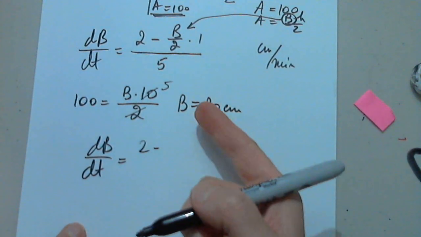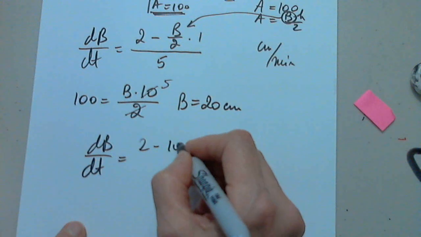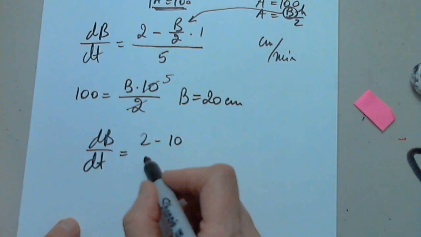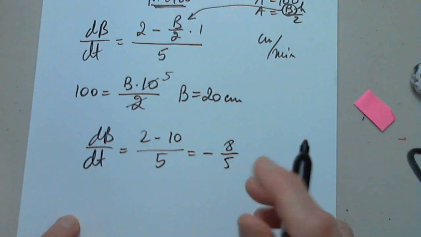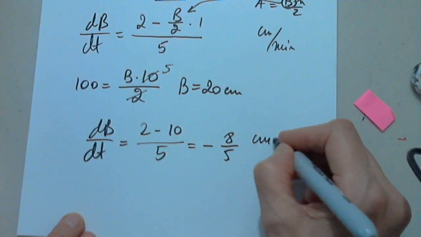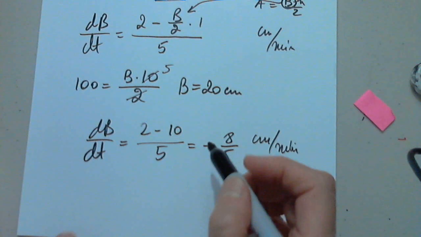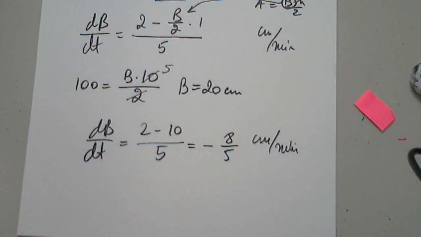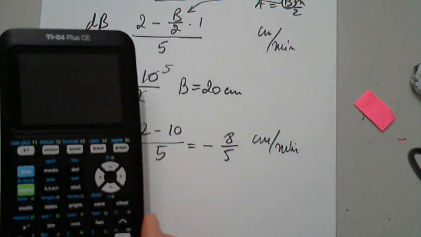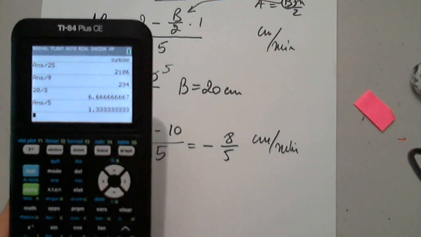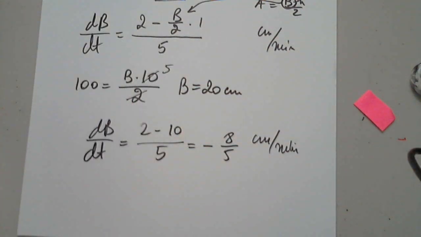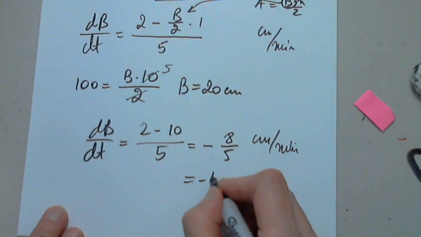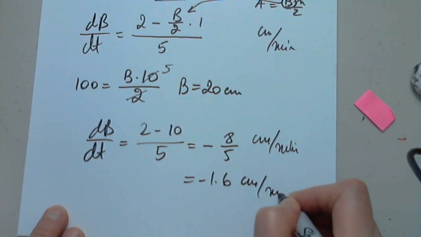So 2 minus 20 divided by 2 is 10, divided by 5. So this is negative 8 over 5, in centimeters per minute. It only means that it's decreasing at this rate. 8 divided by 5 is 1.6, correct. So this appears to be negative 1.6 centimeters per minute.